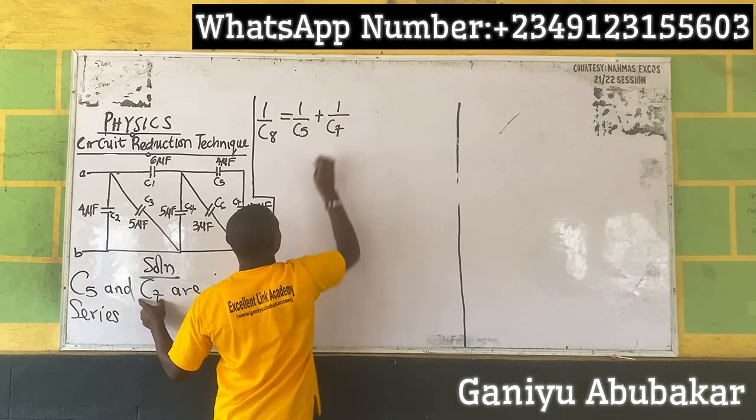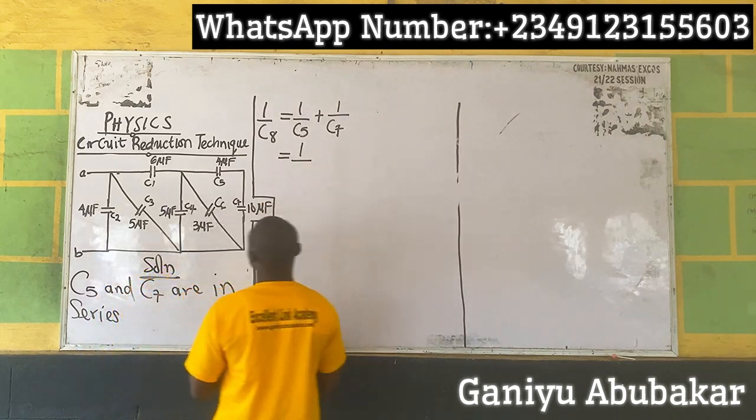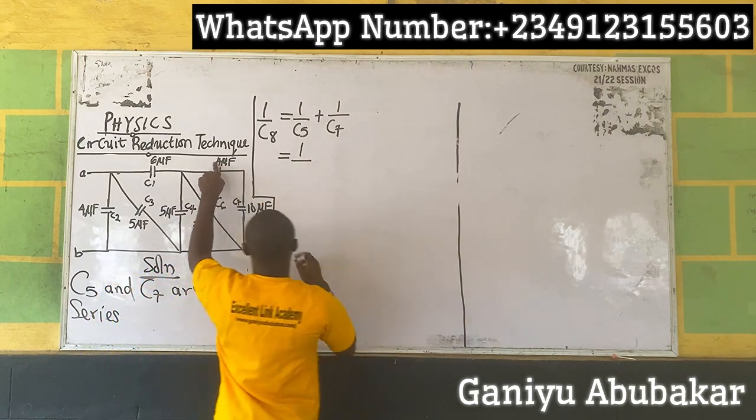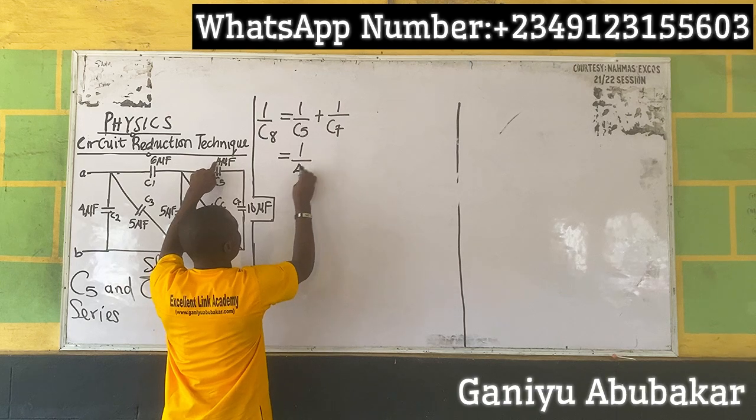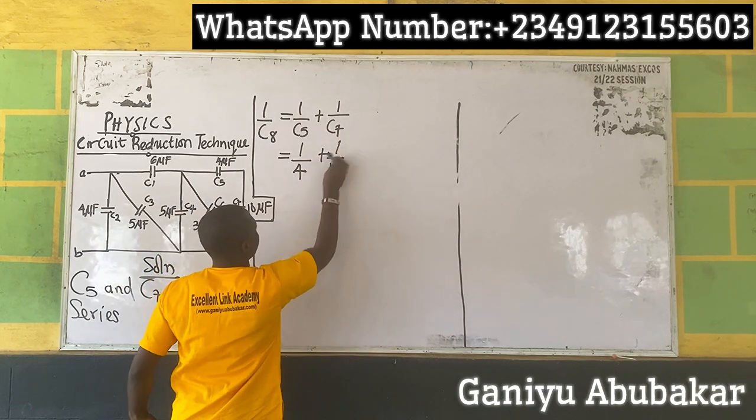Putting in values, this is equal to 1 over 4 microfarad plus 1 over 10.